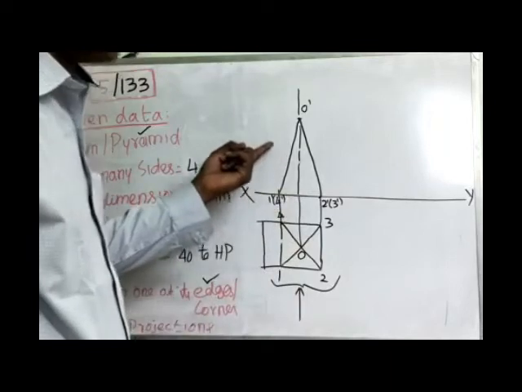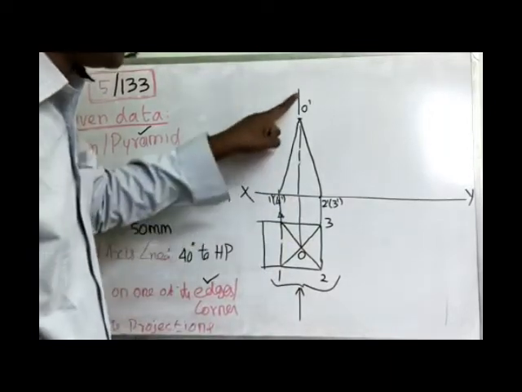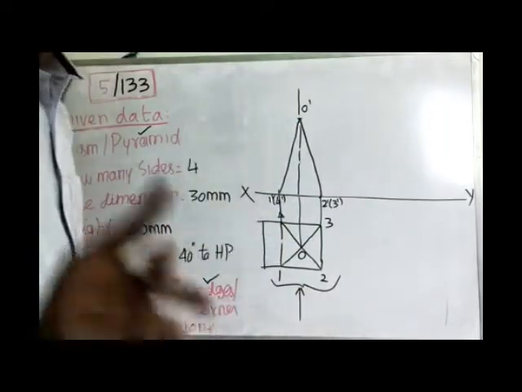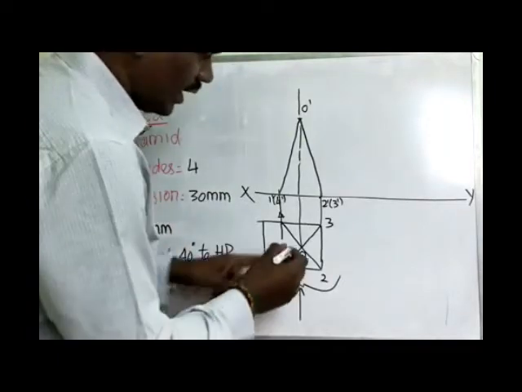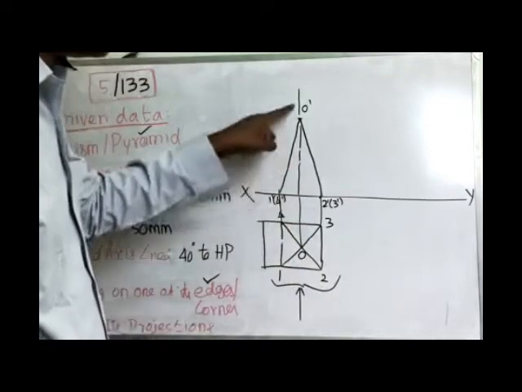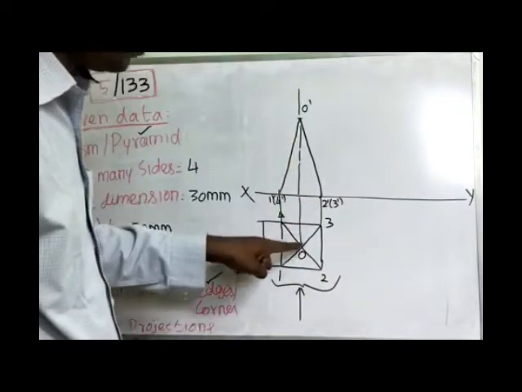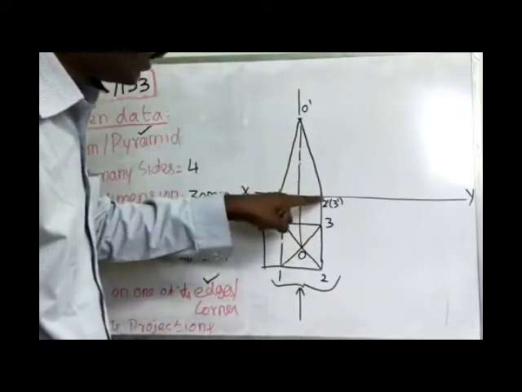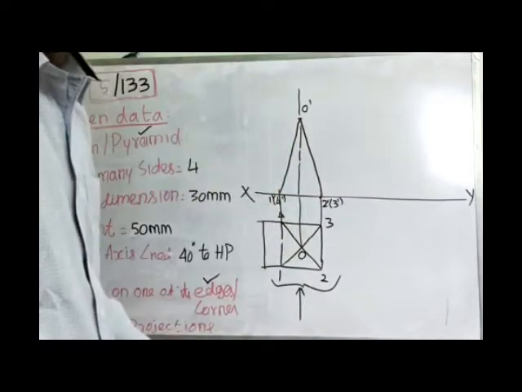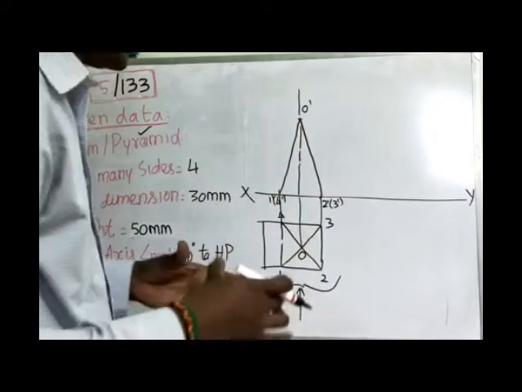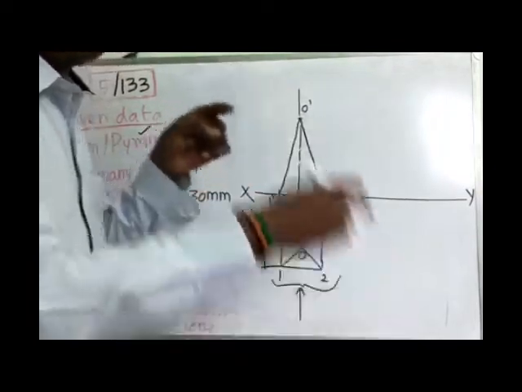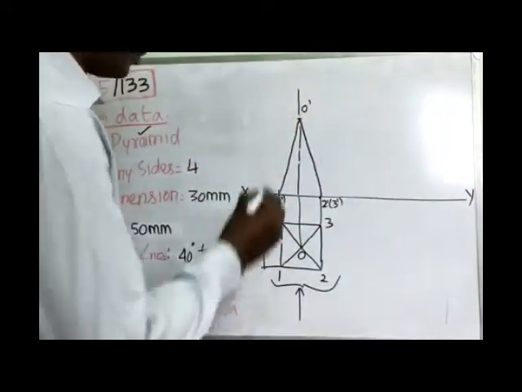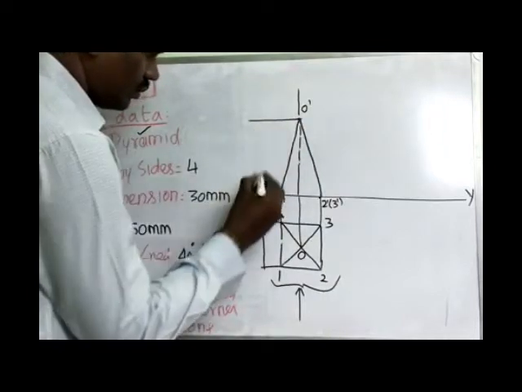If invisible longer edges and visible longer edges are available in the same place, we have to give importance to visible slant edges. Here also the same thing, O to 2 slant edge is visible, O to 3 slant edge is invisible in this same place. So in a prism, that is a longer edge. In a pyramid, this is a slant edge.